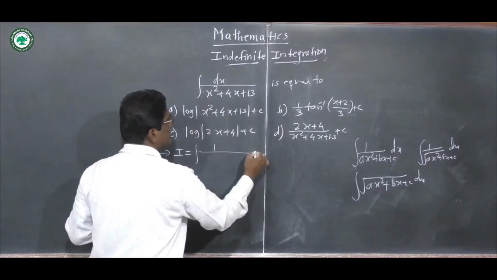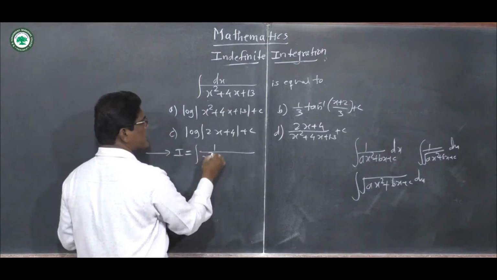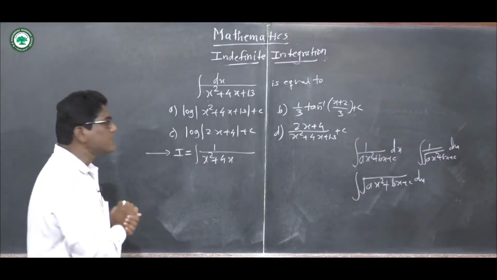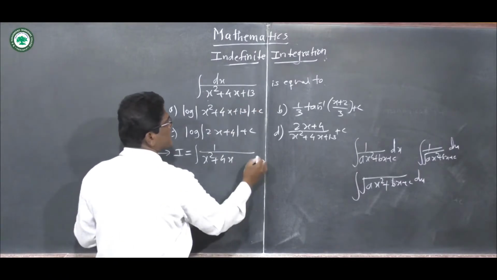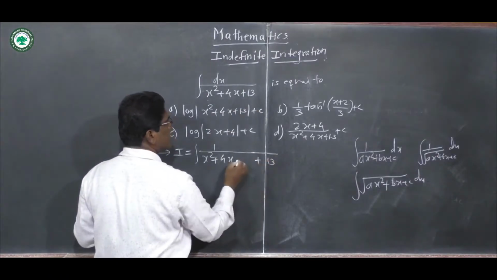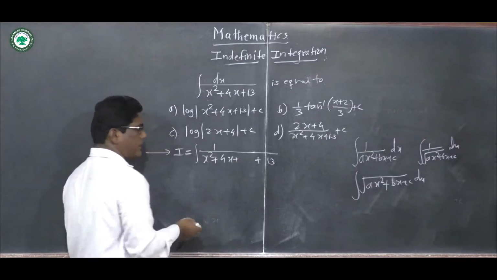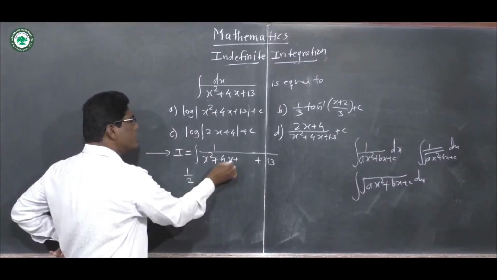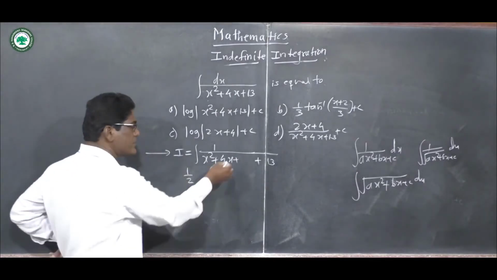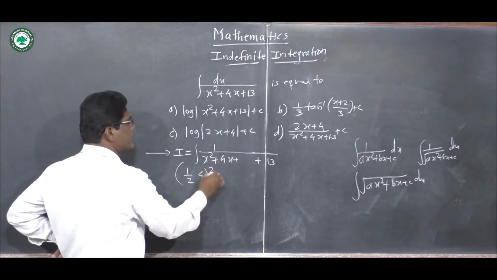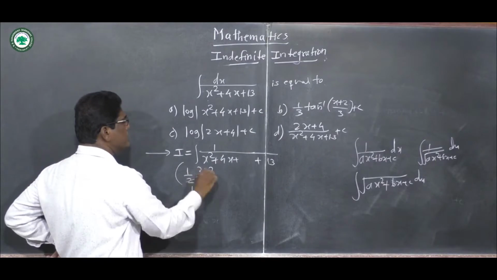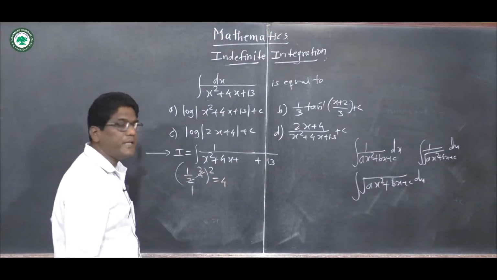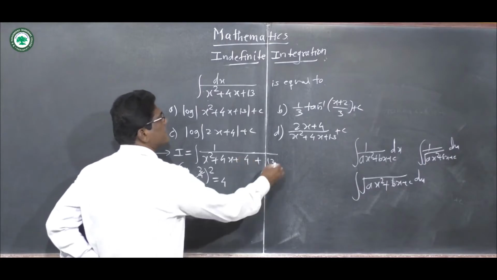So 1 upon x square plus 4x as it is, plus 13, and we add the last term, which is half into the coefficient of x, bracket square. The coefficient of x is 4, so 2 ones are 2, 2 twos are 4, and 2 square is 4, so we add plus 4 and subtract that 4.